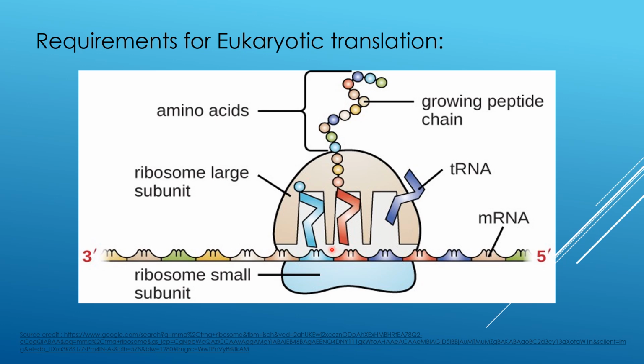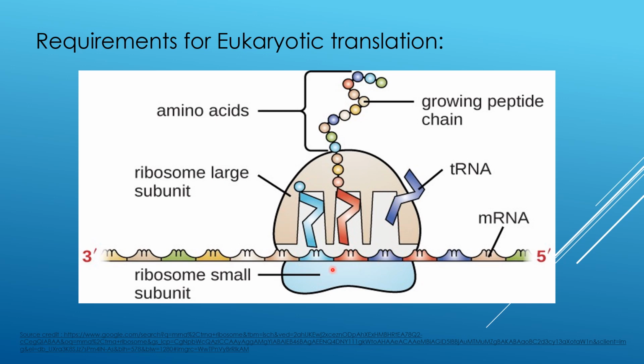Here I have another image. This shows us the requirements for eukaryotic translation. Basically, for eukaryotic translation, what do we require? First of all, we require mRNA. This is the mRNA which is required for eukaryotic translation. And this is the small and large subunit of the ribosome.